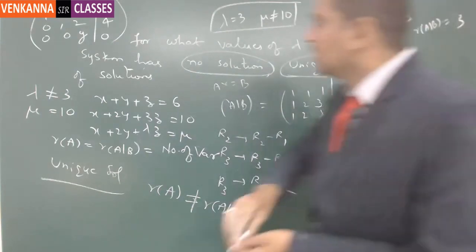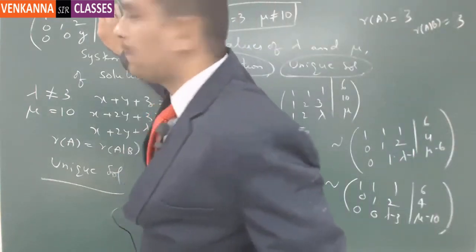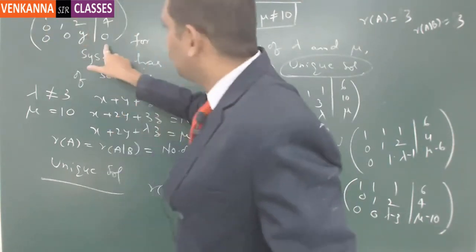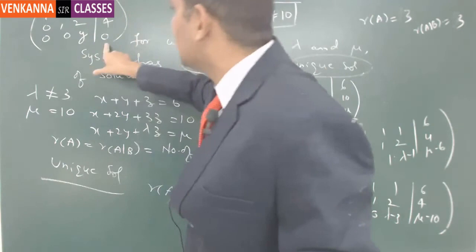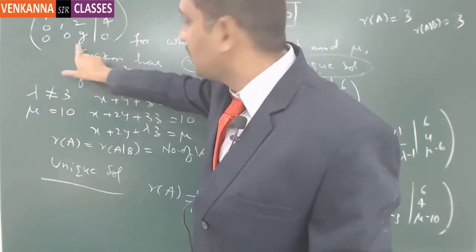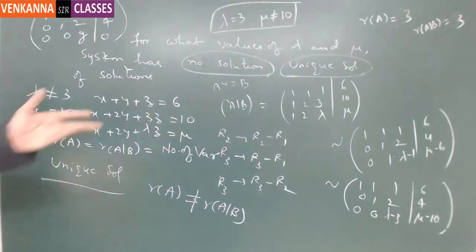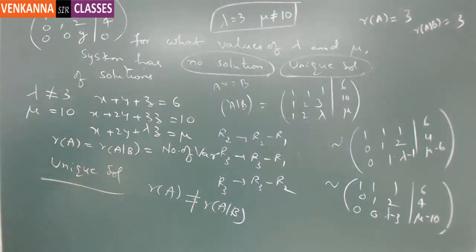Please understand, A means you are considering only this part. A by B means you are considering this part. Even though this is 0, this entire row is not completely 0 because one value is present here. So both are equal. In that case, you have a unique solution. It is consistent.